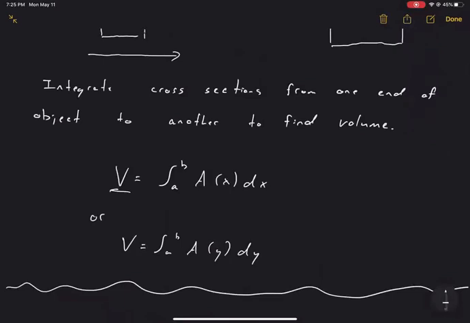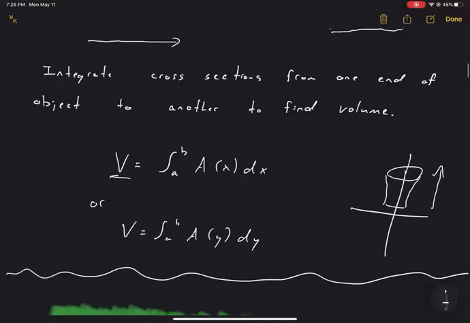Okay, so what do I mean by doing things in terms of y? Well, if I have an object along a horizontal line, I'm going to integrate that along the horizontal line in terms of x. But I can also do this process for an object along a vertical line. So if I had an object that was like this, kind of along the y-axis, I could integrate along this vertical line and get the volume as well.